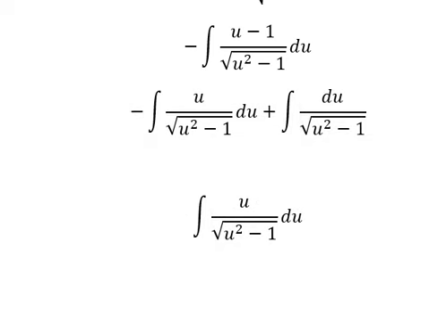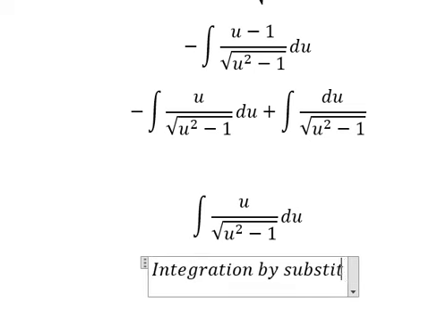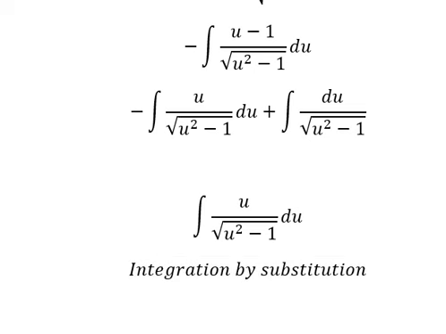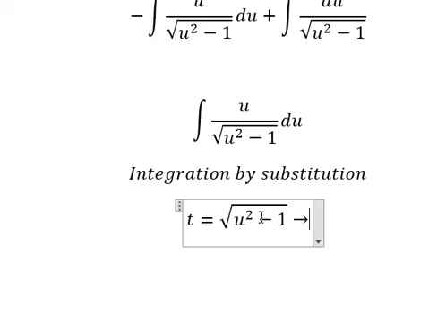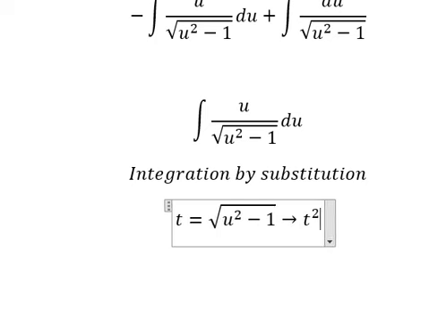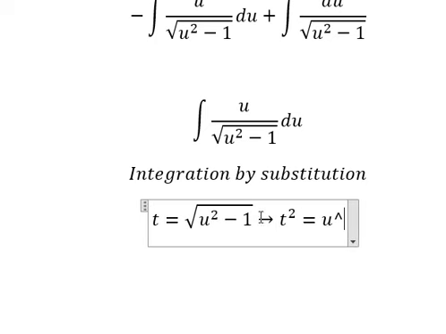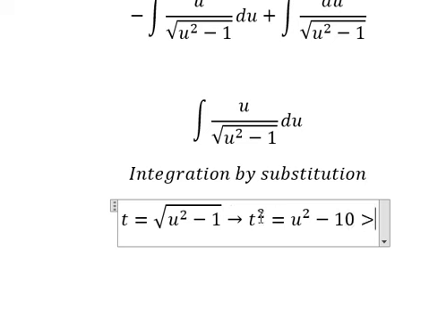So, we can use integration by substitution. I will put t equals the square root of u square minus number 1. After that, we put the power of number 2 on both sides to cancel the square root.